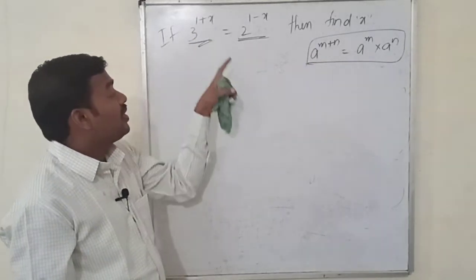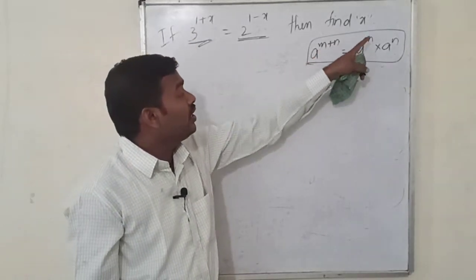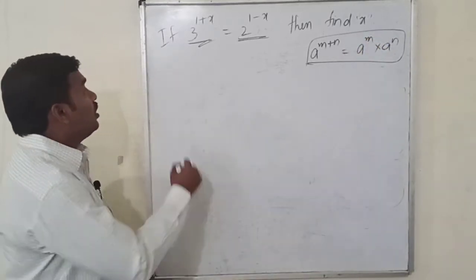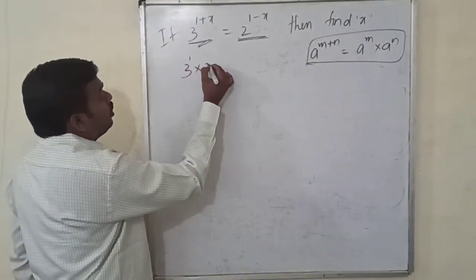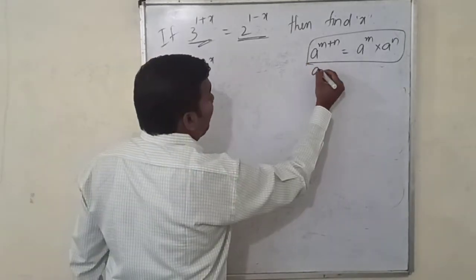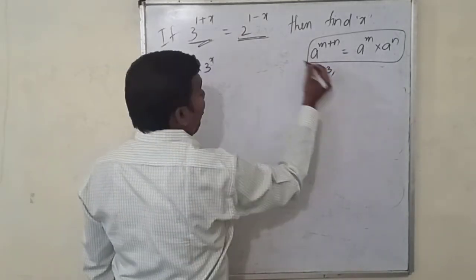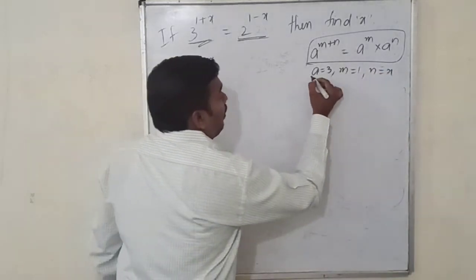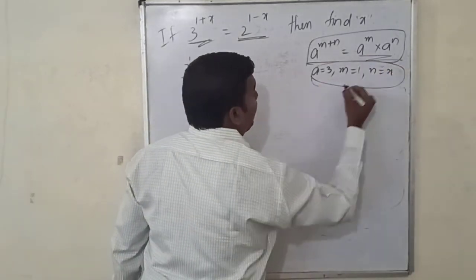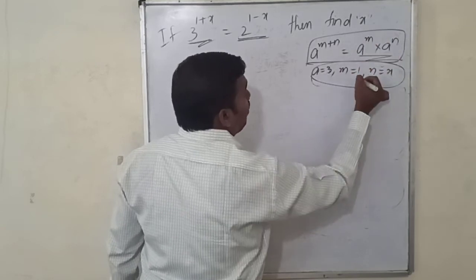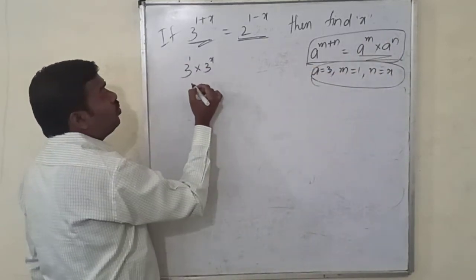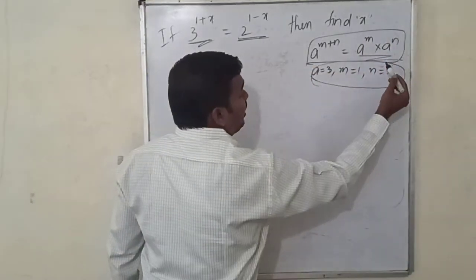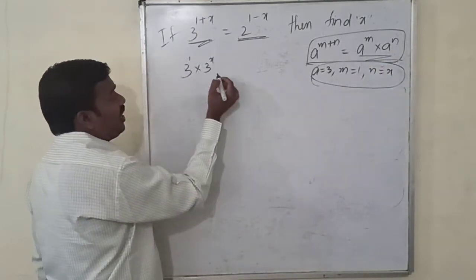So 3 power 1 plus x will become 3 power 1 into 3 power x. We are writing that here.